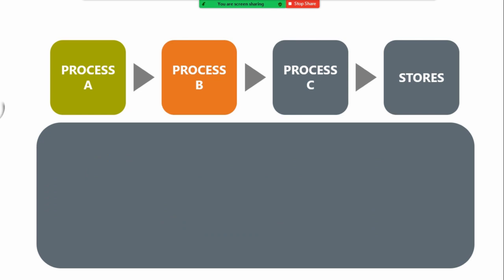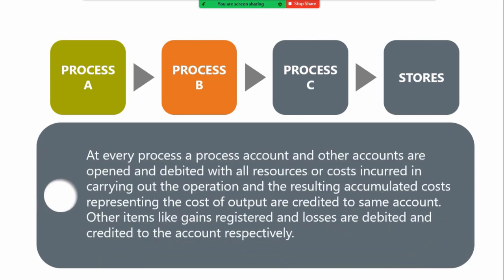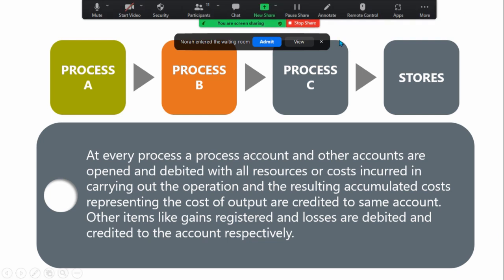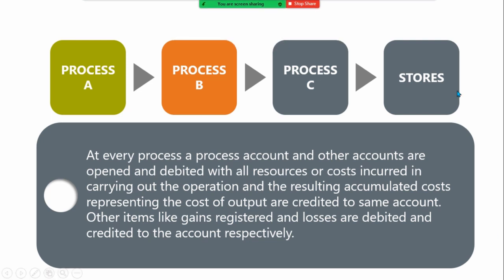Again, at every process, we construct an account which we call the process account, plus other accounts that are necessary, like we shall see the scrap account, the abnormal loss account, loss accounts. So all these accounts are going to be debited and credited with the various costs involved.